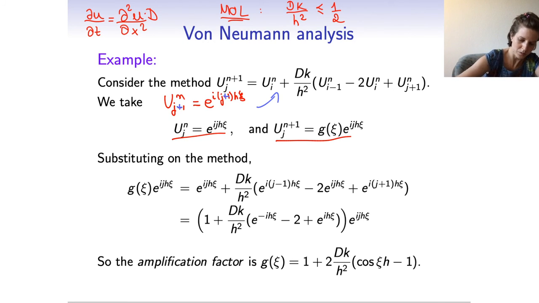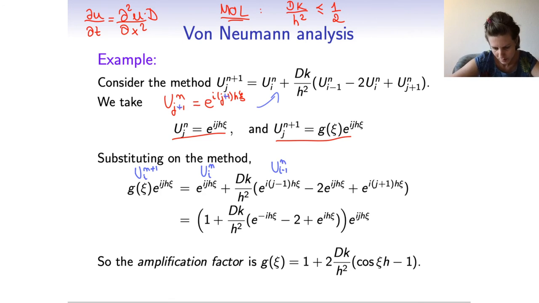So on the right hand side here we had u^{n+1}_j, u^n_{j-1}, u^n_j, u^n_{j+1}.